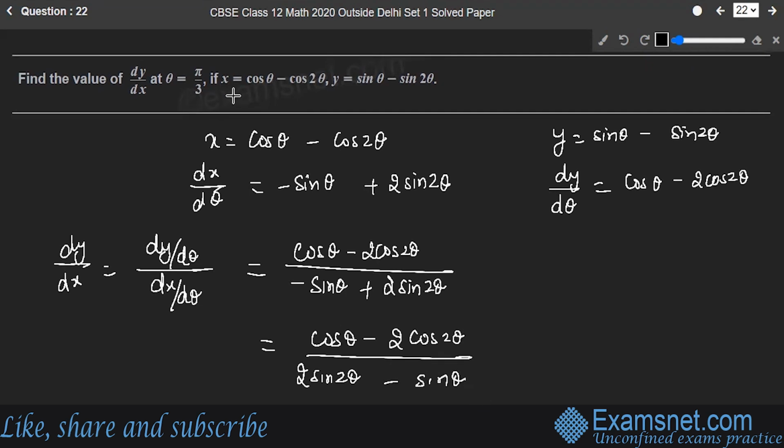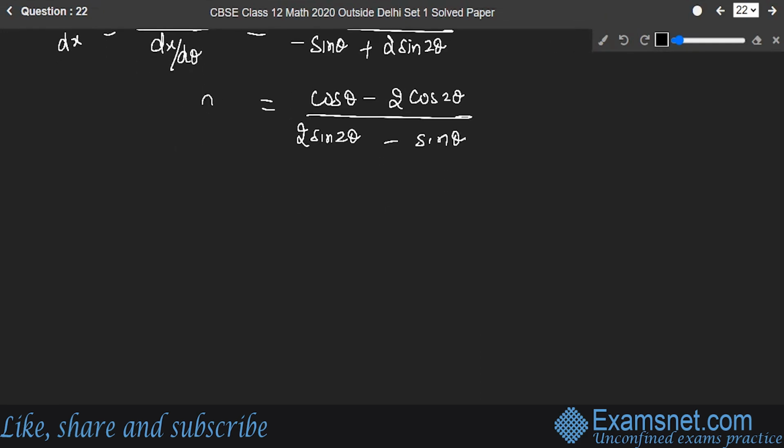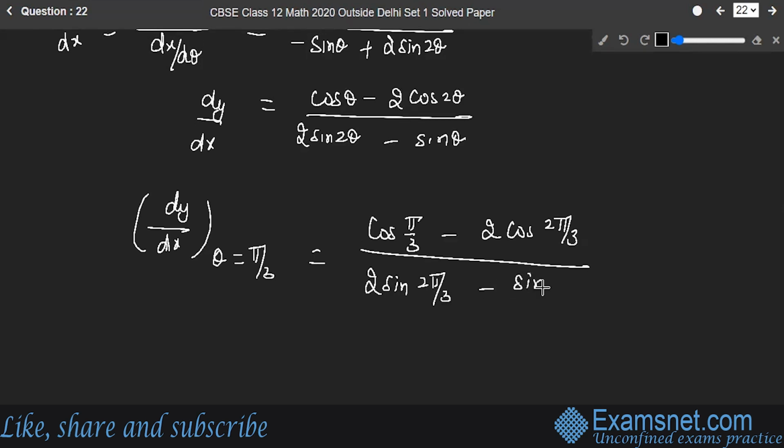Now you have to find out dy by dx at pi by 3. So dy by dx at theta is equal to pi by 3 is given by cos of pi by 3 minus 2 cos 2 pi by 3 divided by 2 sin 2 pi by 3 minus sin pi by 3.